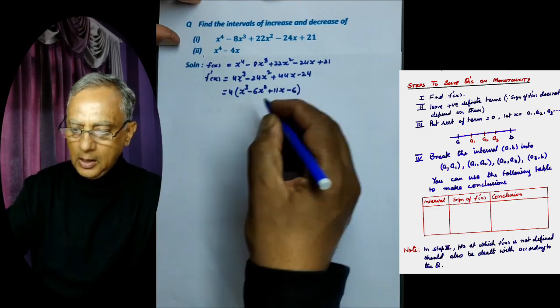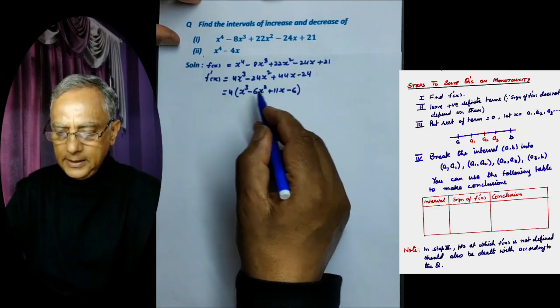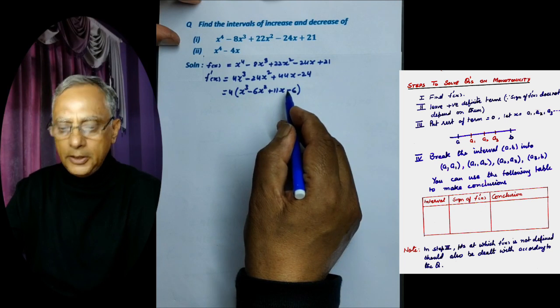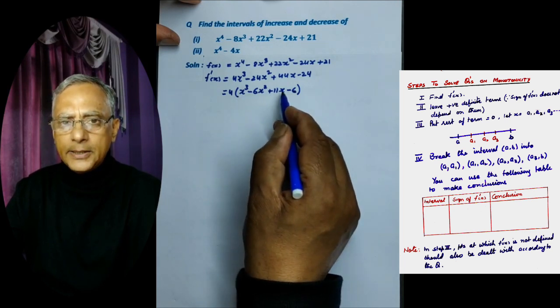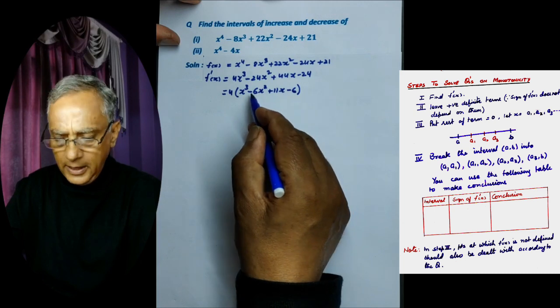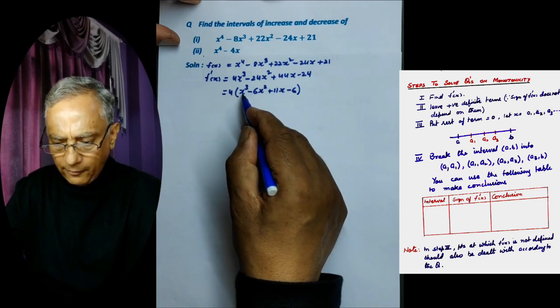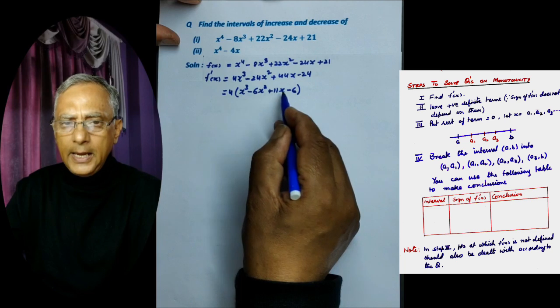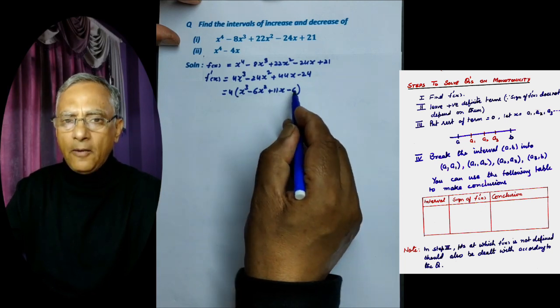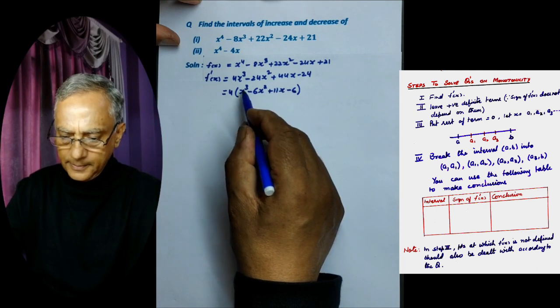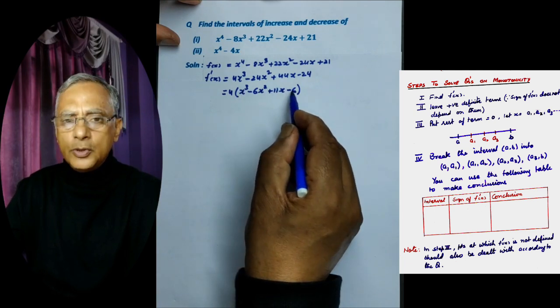Now we have to factorize this polynomial. You can factorize it by the methods you have already studied. I will factorize this using synthetic division to give you practice of synthetic division.